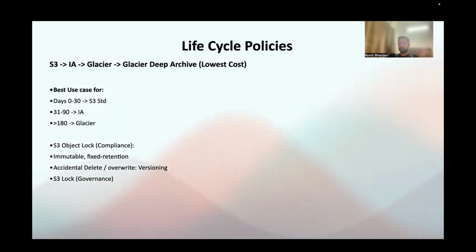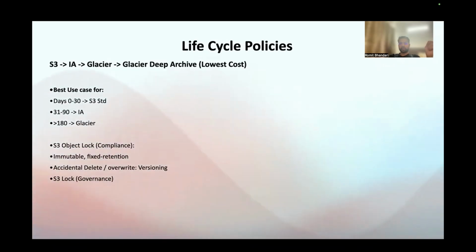So generally, the life cycle for data is that you start with Standard. Then let's say data accessibility becomes lower. If it is going from 31 to 90 days, then you go for Infrequent Access.